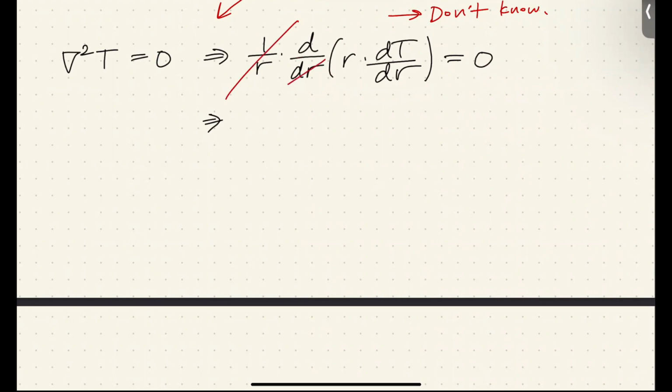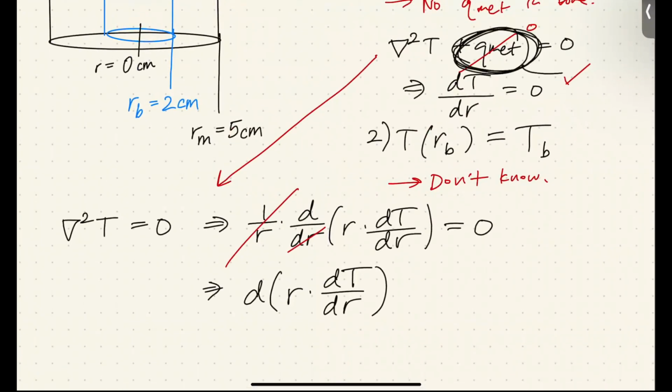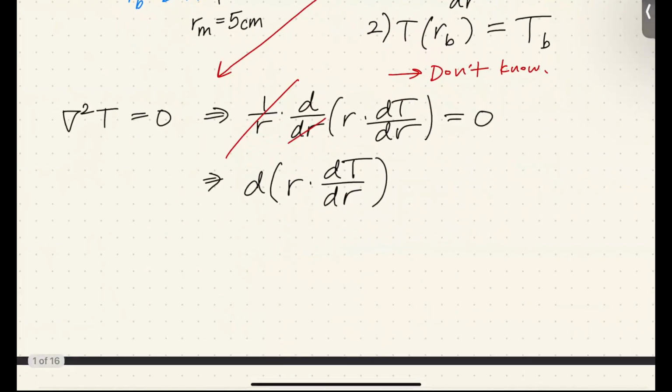So essentially, we just have the derivative of r times dT/dr. If we had, for example, Q_met, and we move this to the other side, those wouldn't cancel out. They'd be multiplied with Q_met, so please keep that in mind. This is only because we don't have Q_met.